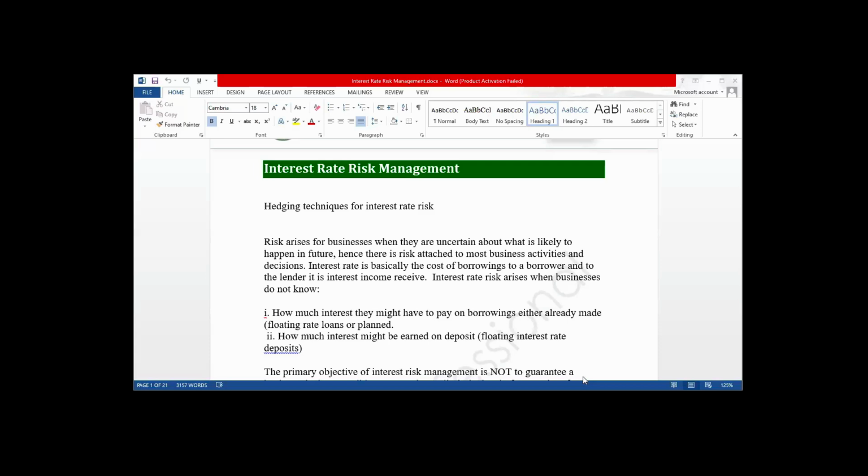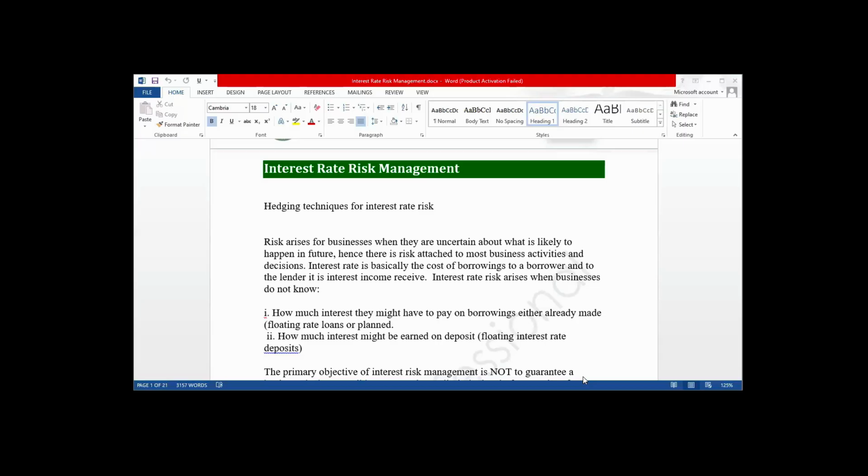But the interest we are going to pay in 2 months' time, on the actual borrowing date, we are not sure.